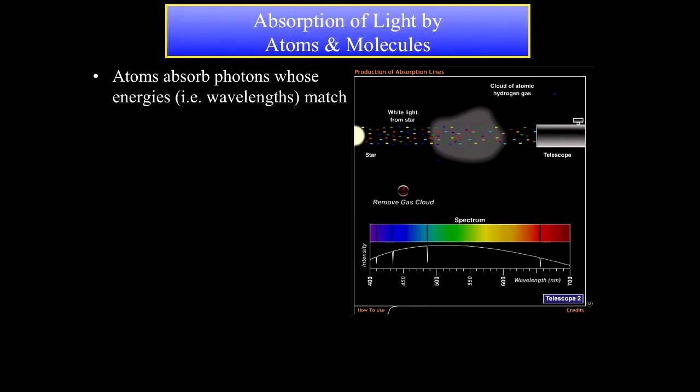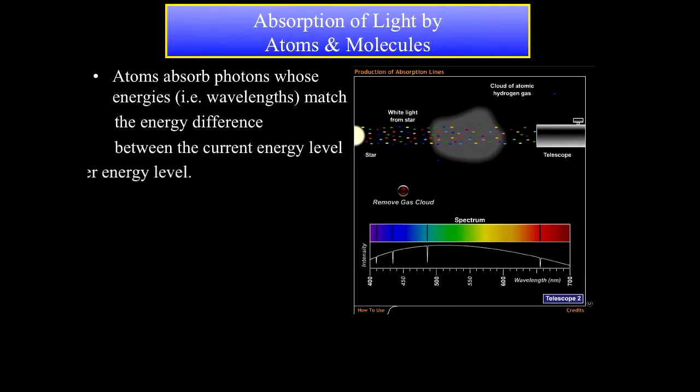Atoms absorb photons whose energies, i.e. wavelengths, match the energy difference between the current energy level and the higher energy level. The electron starts at a lower energy level and gets excited up to a higher energy level.